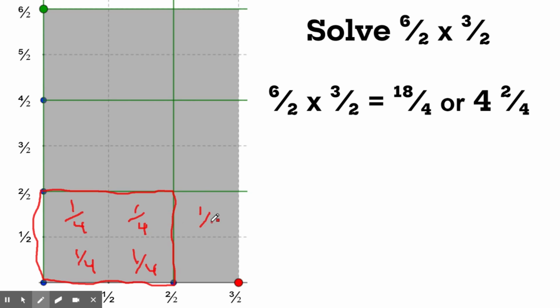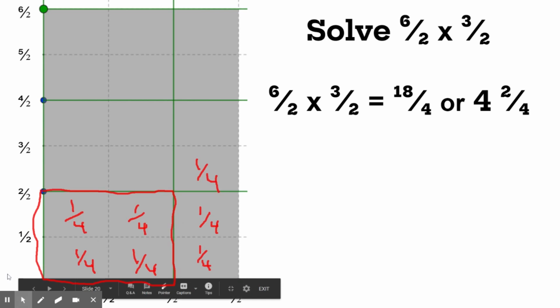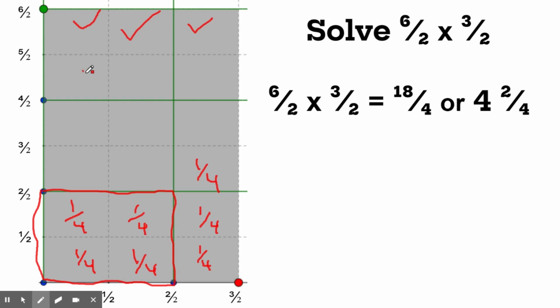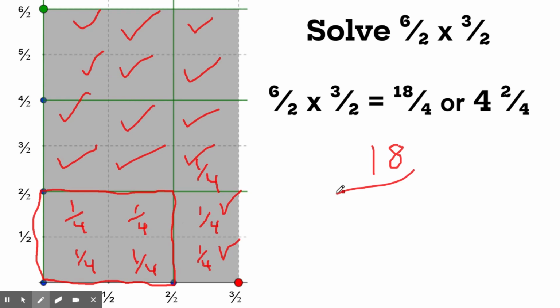Every single square in this model is the same size. Every gray square. So those are fourths. These are fourths. And I could keep drawing them all. But if you realize that every one is a fourth, you can just count them up. So if I just count 1, 2, 3, 4, 5, 6, 7, 8, 9, 10, 11, 12, 13, 14, plus the other 4 there, that gives us 18 fourths.